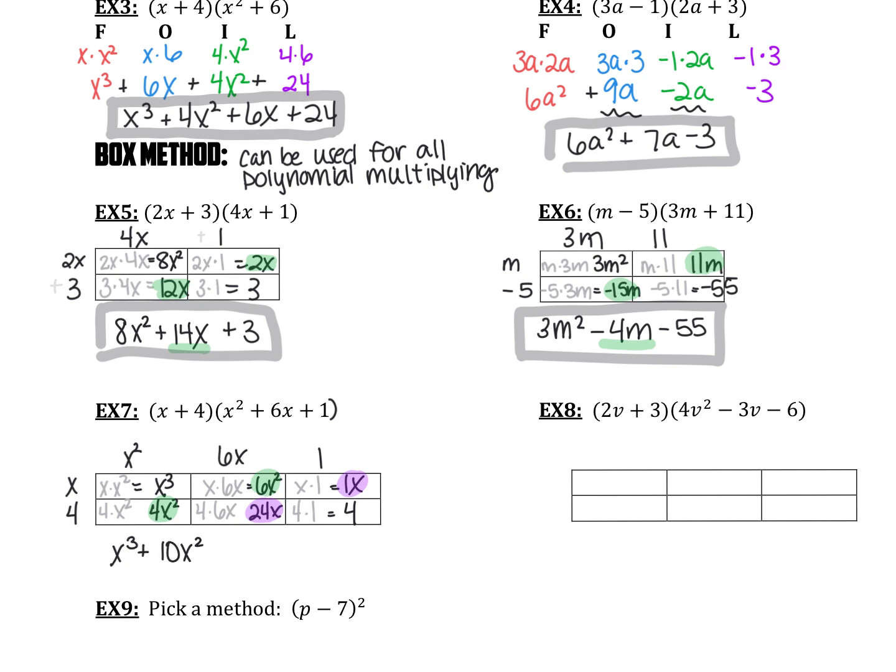So that gives me 10x squared. That's the like terms from the green. Plus, I have a 24x and a 1x. We'll call that 25x. And then I have a positive 4. So I get x cubed plus 10x squared plus 25x plus 4.